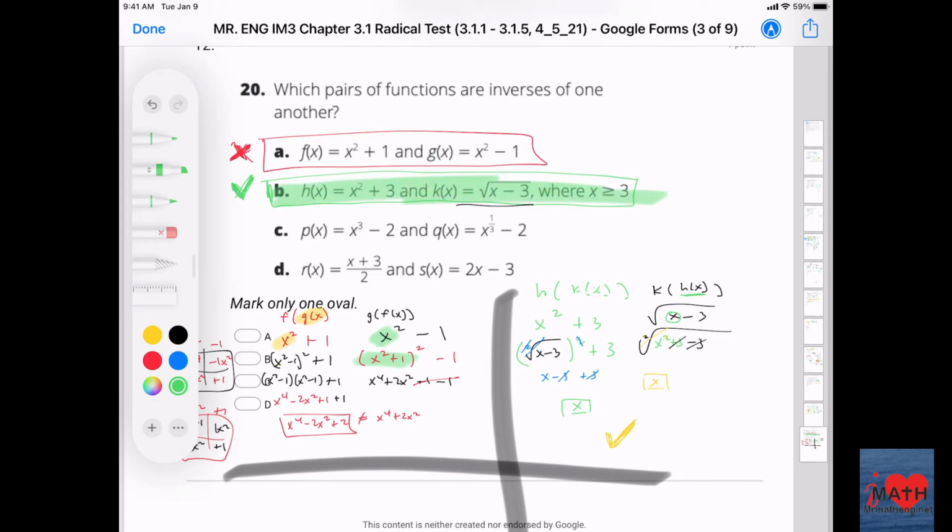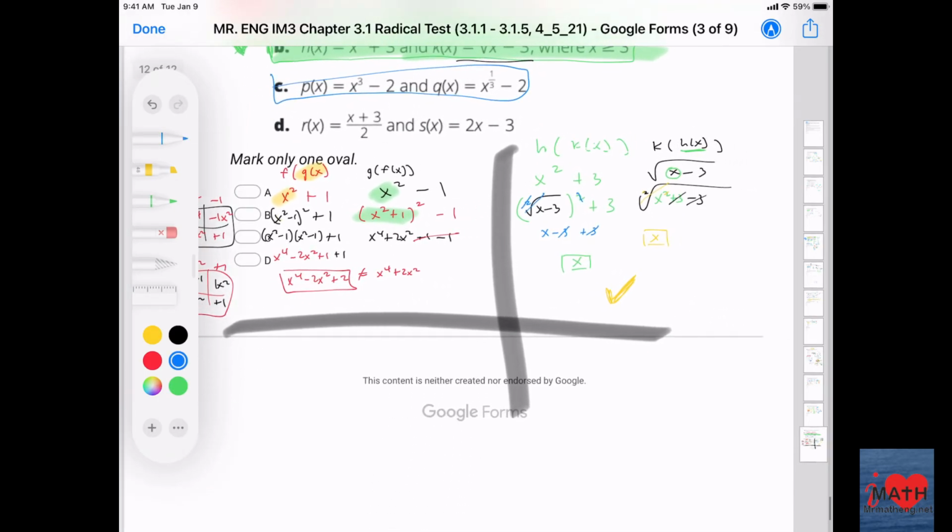Okay, let's go ahead and try now C. Let's use blue. P of x, and we're going to put in Q of x. P of x is x cubed minus 2.